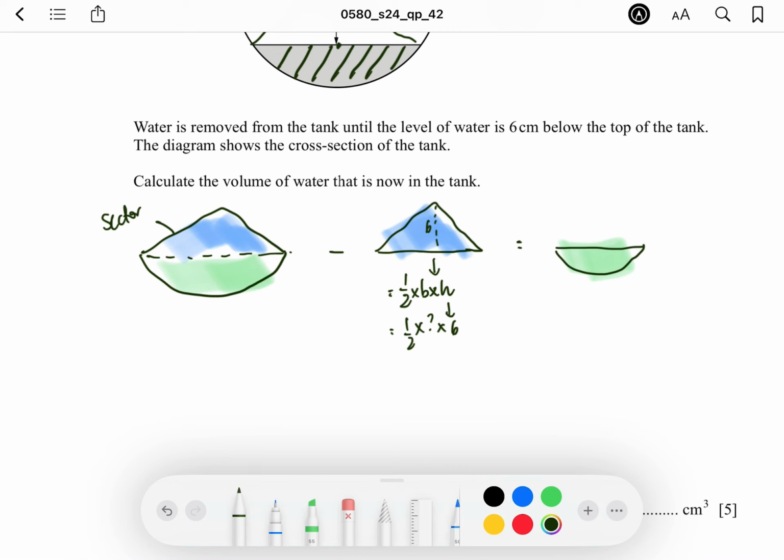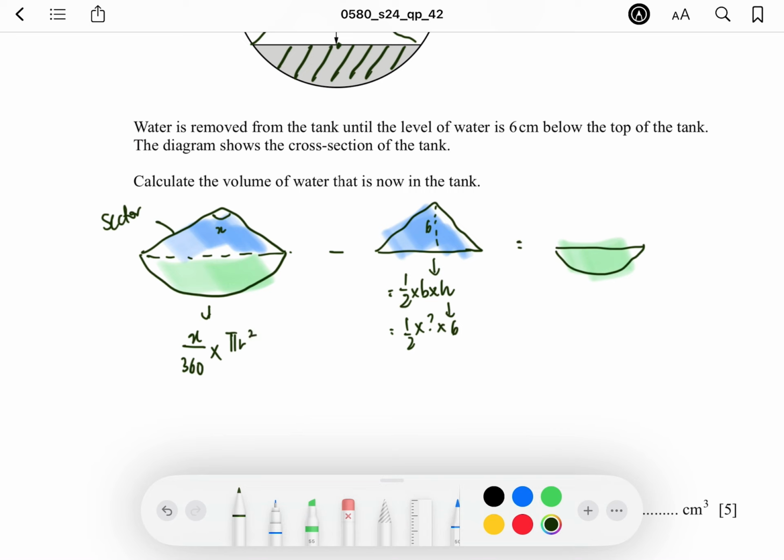In order for you to find this, this is the area of the sector, which means we need the angle here. Area of sector is x out of 360 times pi r square, a fraction of pi r square.